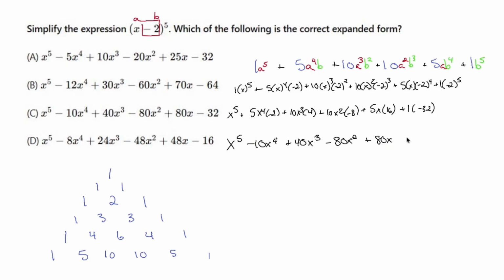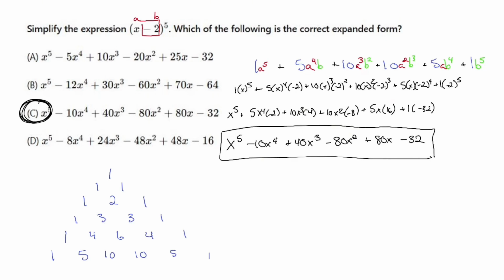And then 1 times negative 32 is minus 32. So x to the fifth minus 10x to the fourth, plus 40x to the third, minus 80x squared, plus 80x minus 32 is going to be C. So, not pleasant, but we did it.